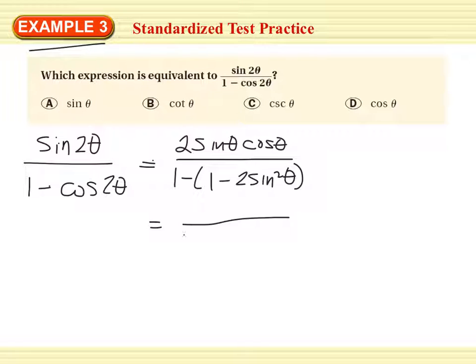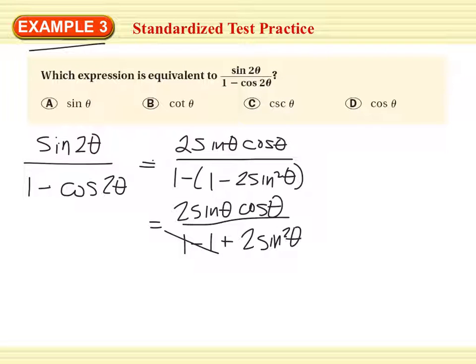My denominator will be 1 minus 1 plus 2 sine squared theta. Numerator doesn't change for now. One minus one cancels, and I get 2 sine theta cosine theta all over 2 sine squared theta.